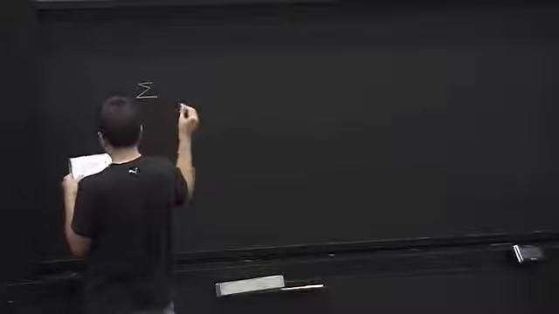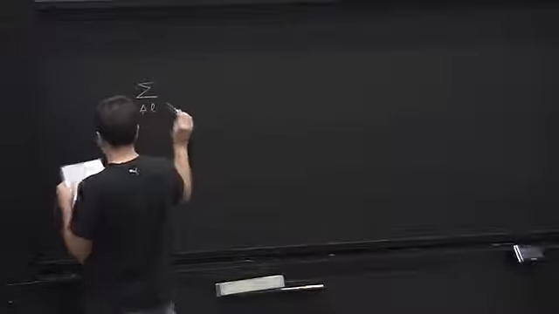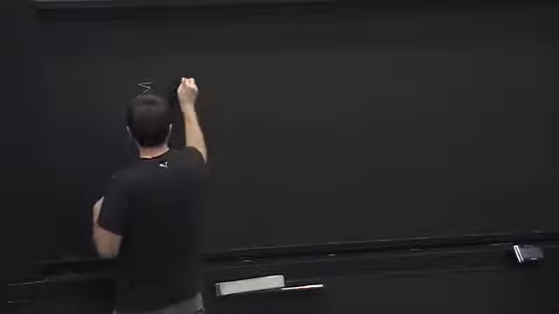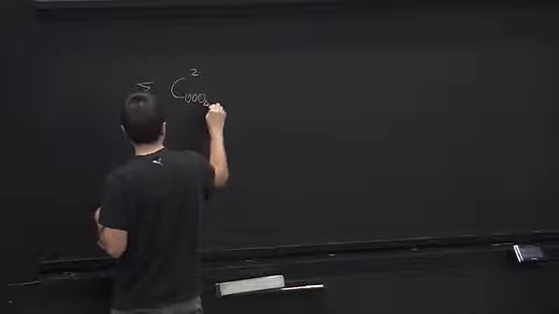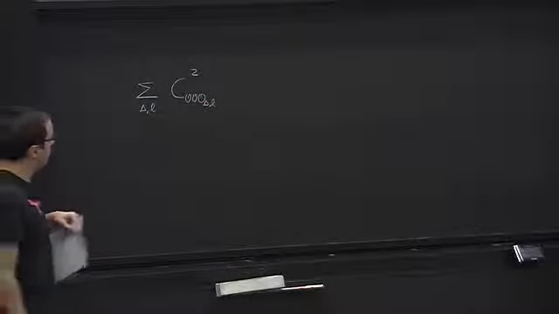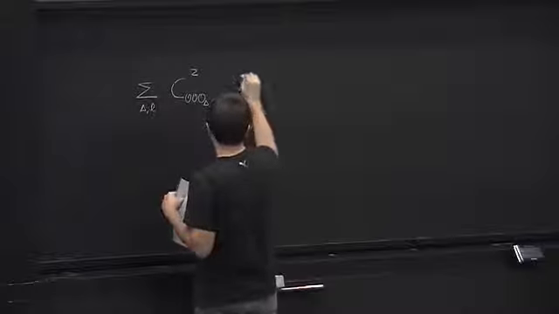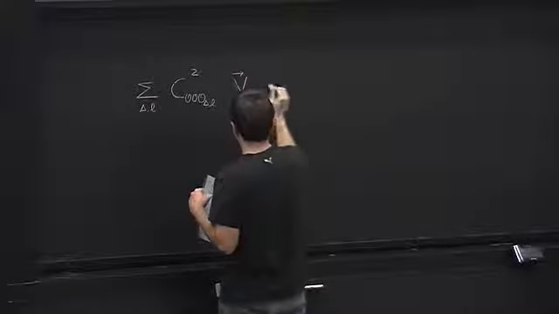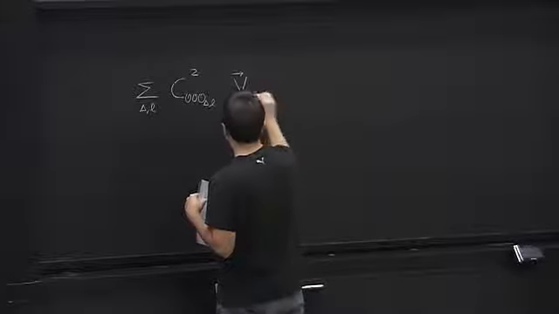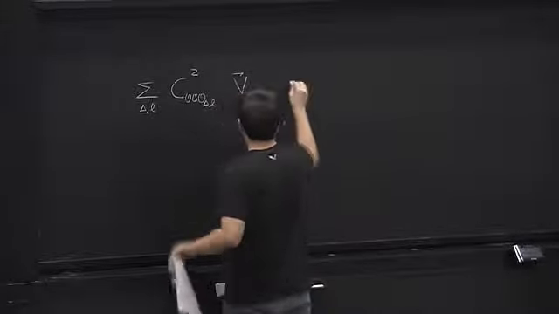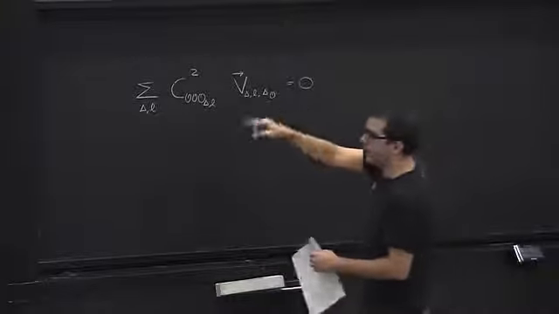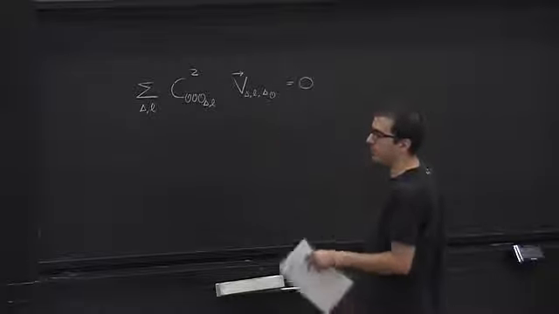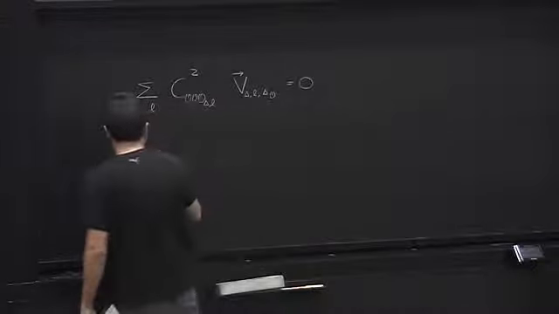Sum over delta and L, okay, C squared, positive again, O, delta and L, times some vector V, where V is a two-dimensional vector, which depends on delta, L, and also delta O. And this is equal to 0, not 1. And it will be clear because I subtract that equation at 2 different points of Z, where this V is the following. So this is one choice that I made.